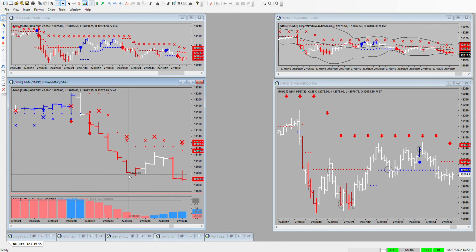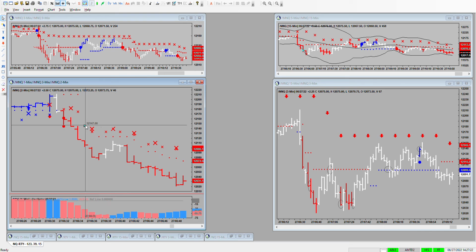With how quick of a move this was, you can even see my data was not keeping up with the market, and so I had some gaps in here because of that. With how quickly that moved, in at 6:33, it gets all the way down here at 6:37 to about 80 points or so.